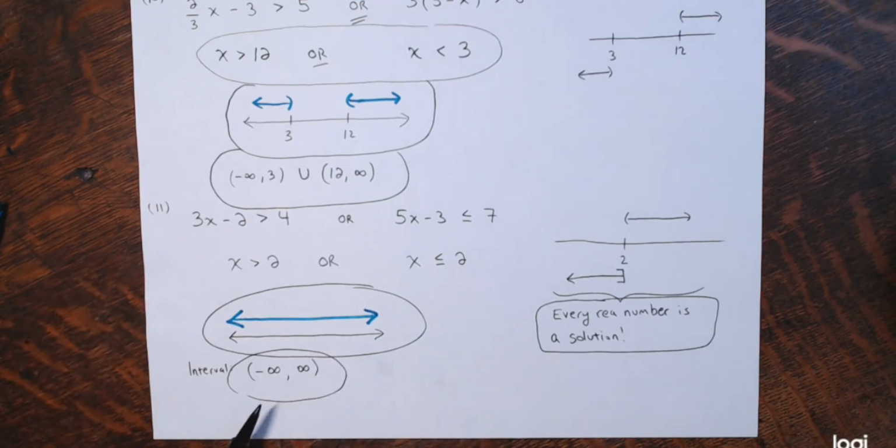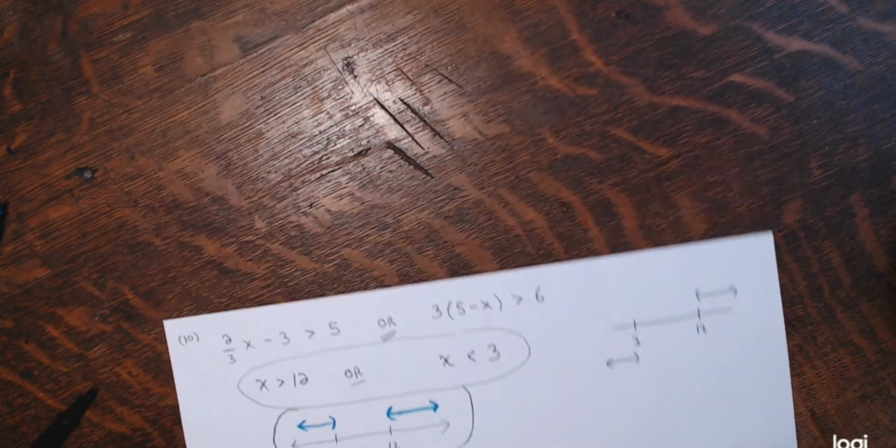That indicates you're talking about the entire real number line. Every single number is a solution of this compound inequality. So finally we got an example that ended up being a little different than examples 1 through 10. And who knows, perhaps these next few will be something similar.